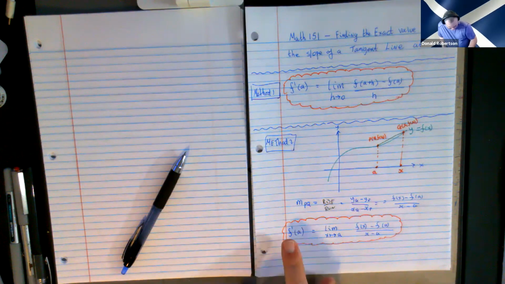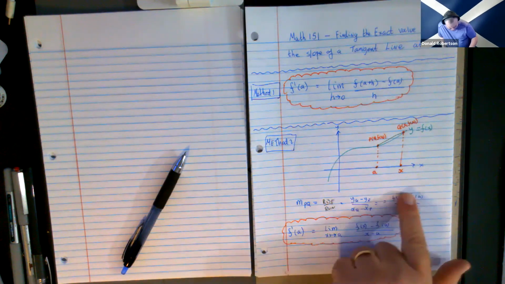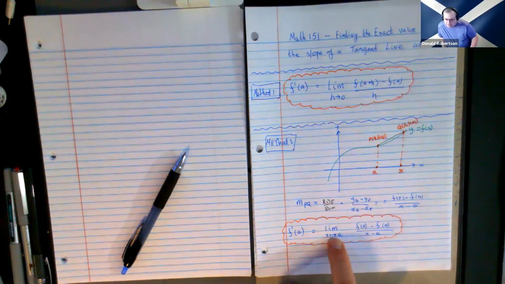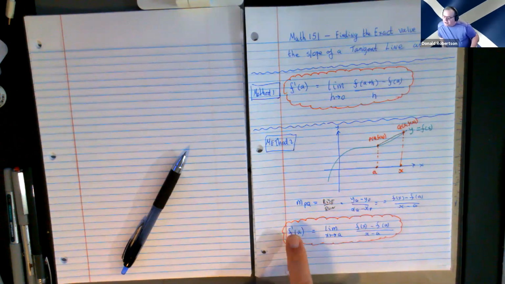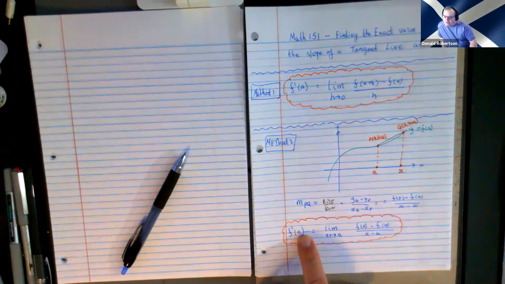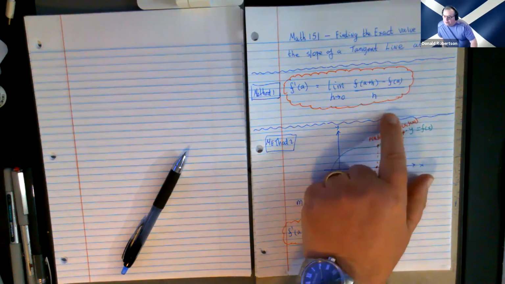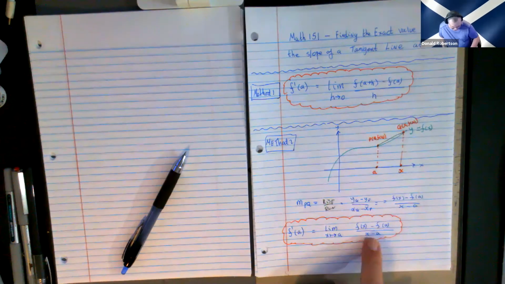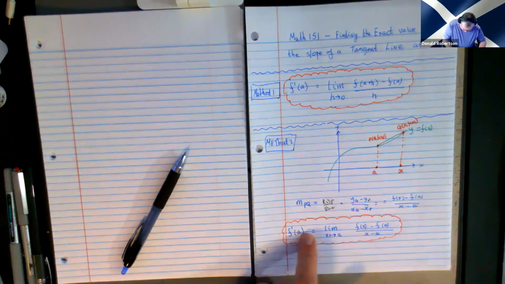So what we do is we take this and we find its limit as x tends to a. And that will be the slope of the tangent line at a. So that's the theory of where this formula came from. We did a similar kind of picture to prove where this formula came from. Here is the formula, or this is how this formula comes about.